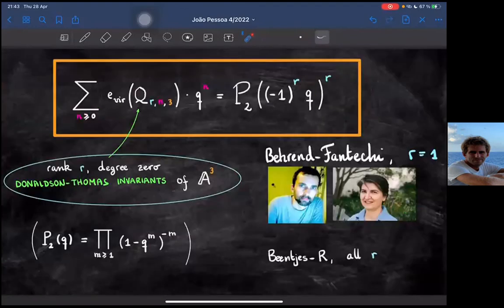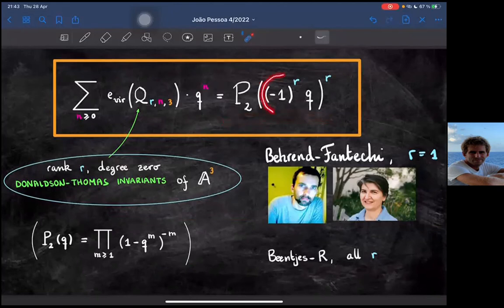And now one can wonder, okay, it's a critical locus, then I run the machinery of cohomology of vanishing cycles, so I can compute the virtual Euler characteristic, but I don't want to compute one because otherwise life is a mess. I want to compute the generating function. And the upshot is that this generating function is a function we already met, the MacMahon function.